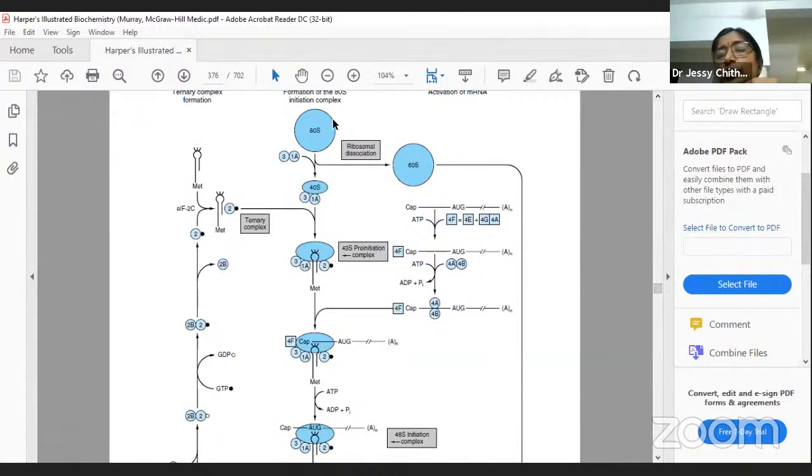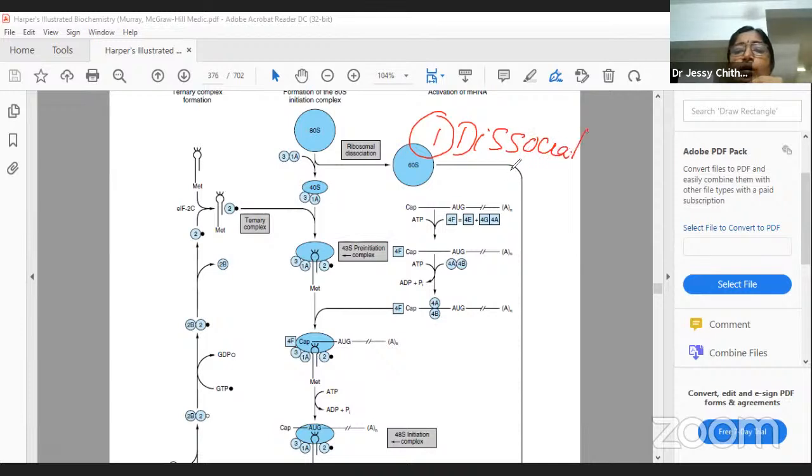First step is dissociation of ribosome into 40S and 60S subunit.